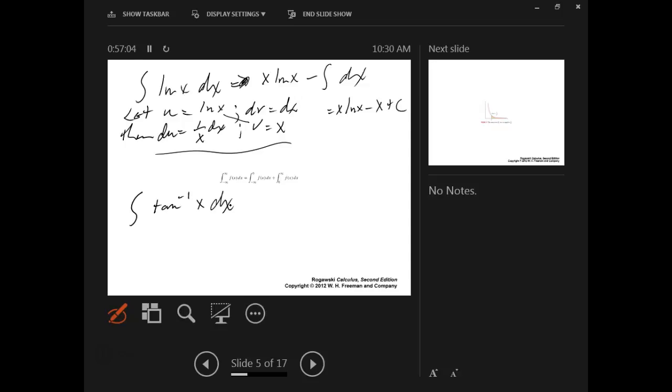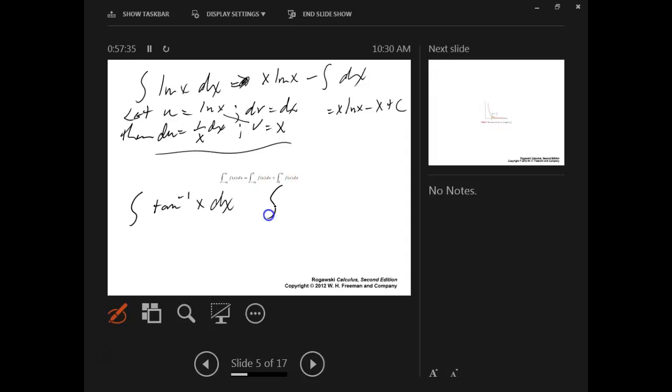So then you would let u be this, dv be that, and then you have to look up and see what the derivative of inverse tangent is. And it's going to be something, okay? And then that would just be a v, and you just go from there. It's not going to be quite as simple as this one was, okay? So that's one way to go. In fact, it may be the only way to go. Do you want to actually do that, or do you want to move on? I was hoping you'd say that.